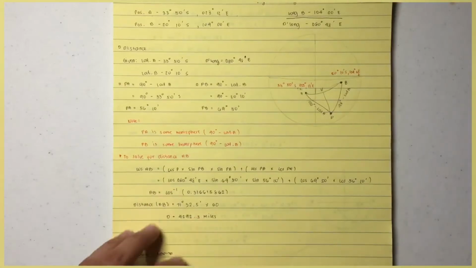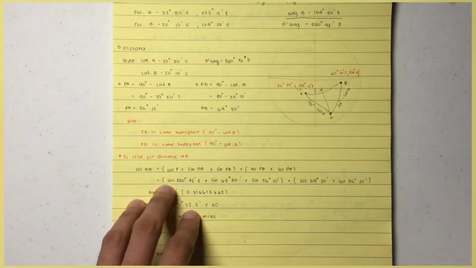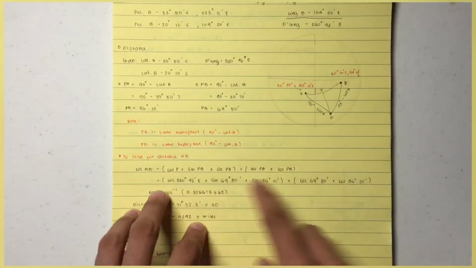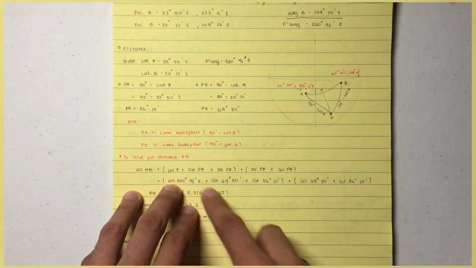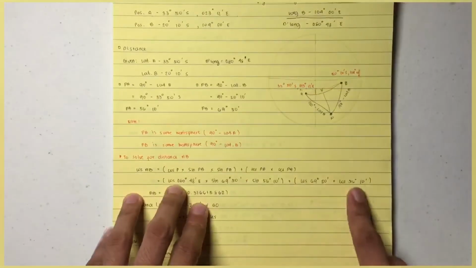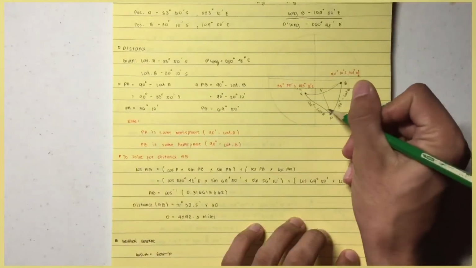So now we substitute our values, since we have them all in the given. The cosine P, which is the D long, this part here in the triangle is the D long.